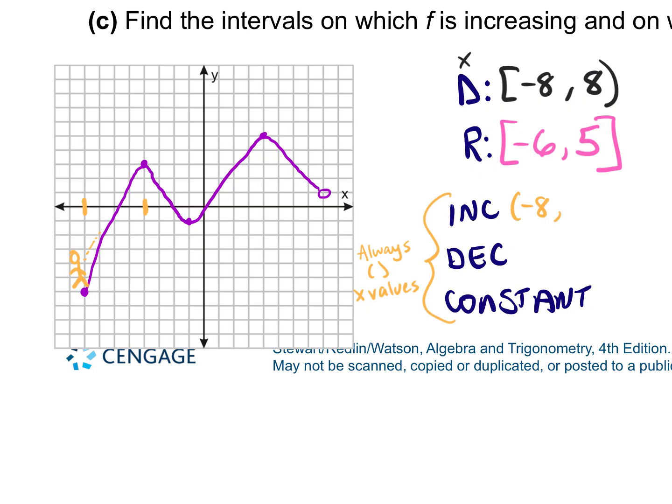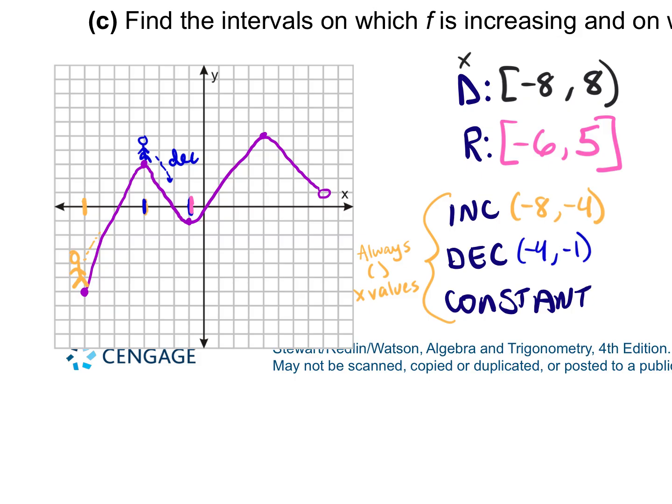Yeah. Now increasing, decreasing, and constant is always parentheses. So then at -4, we start walking downhill. We're walking downhill until we get to here. So from what x value to what x value are we decreasing? -4 to -1, perfect.